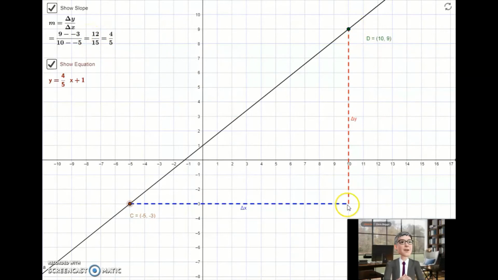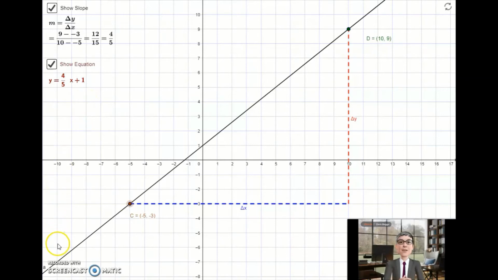So my change in y, my rise, will be 9 minus 3, and my change in x will be 10 minus 5, so that's 12 over 15 or 4/5, and I'm going to get the same answer.